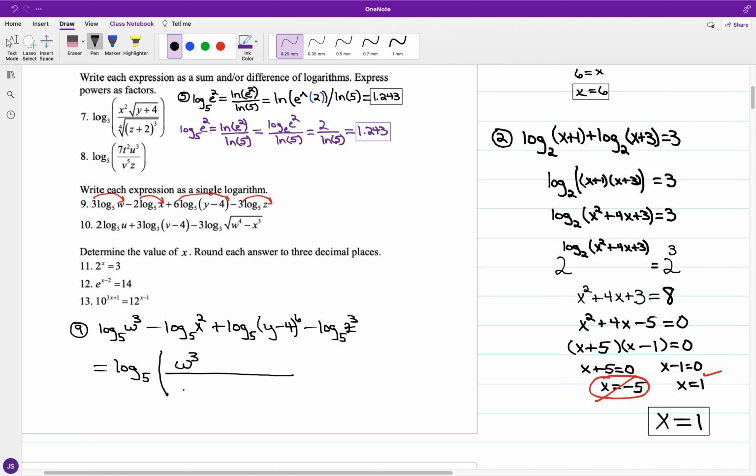X squared originates from a negative, so x squared goes at the bottom. Y minus 4 to the 6th comes from a positive base 5 logarithm, so that goes in the numerator. And z cubed comes from a negative base 5 logarithm, so that is going to be on the bottom. And this will be your final result.